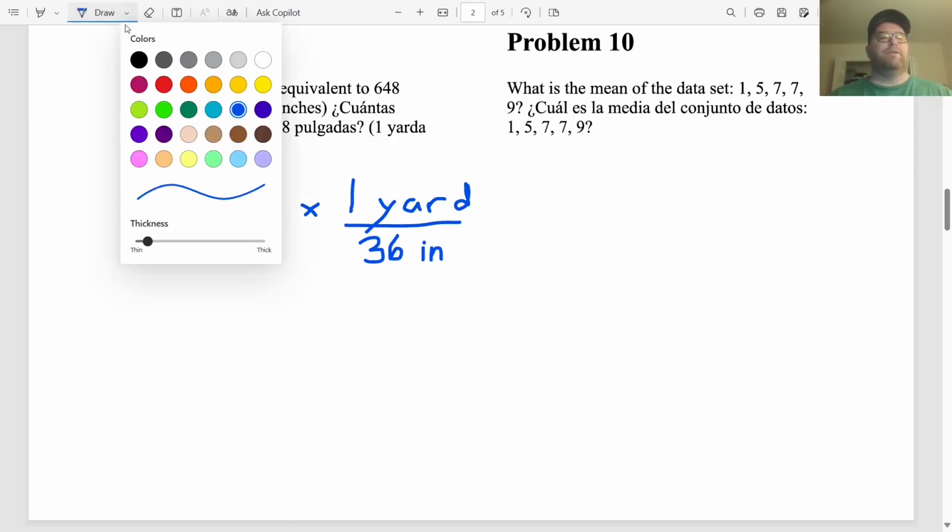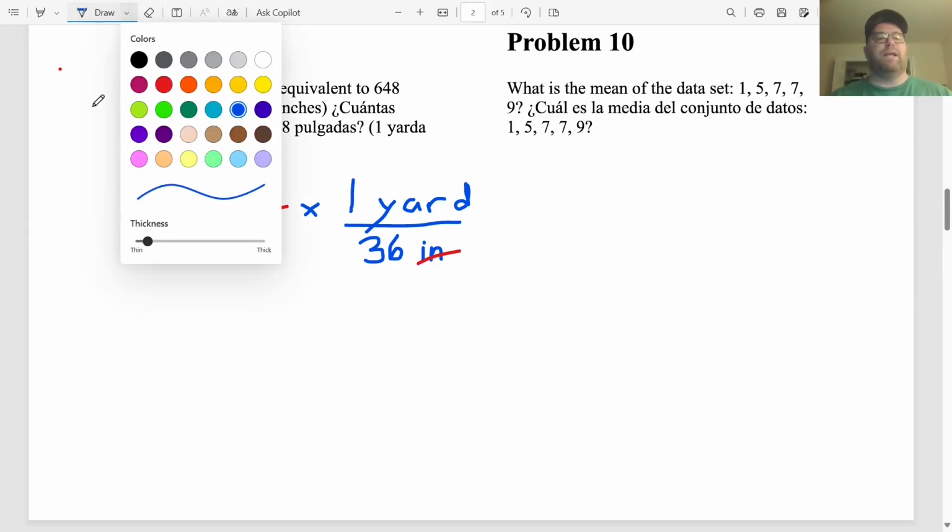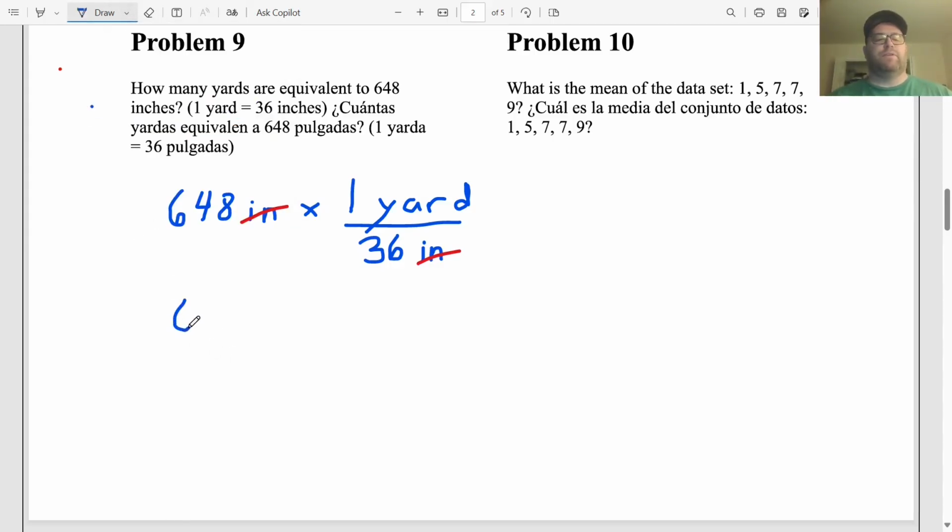What's going to happen here is the inches are going to cancel out. So you're going to get 648 times 1, which is just 648. So you have 648 divided by 36, and the unit is going to be yards.